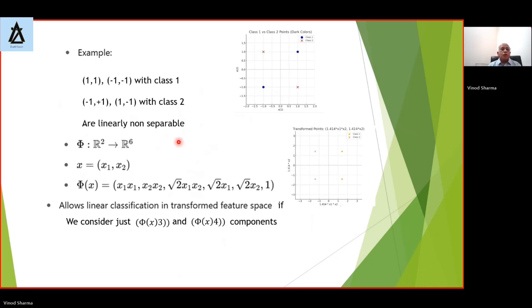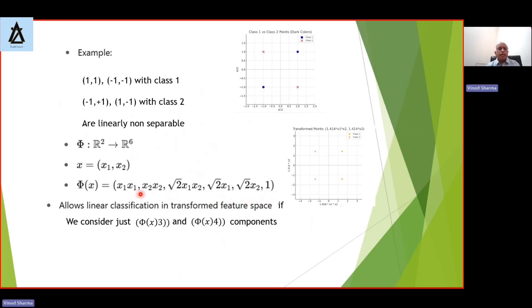Now, on this, we apply a nonlinear mapping phi from R2 to a larger space. x we are denoting by (x1, x2). Then phi(x) is the mapping giving x1 square, x2 square, square root of 2 x1 x2, square root of 2 x1, square root of 2 x2, 1.